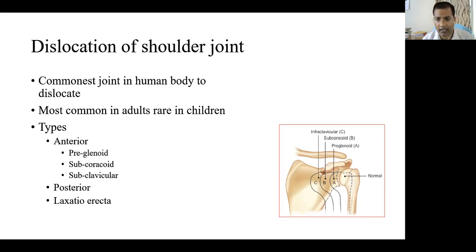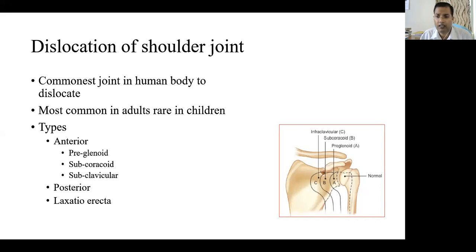You can see in pictures A, B, C. A is when the force is less, but it is able to dislocate the humerus. Then it is preglenoid, meaning just before the glenoid cavity. The humeral head leaves the glenoid cavity, but lies just in front of it. So it is called preglenoid.